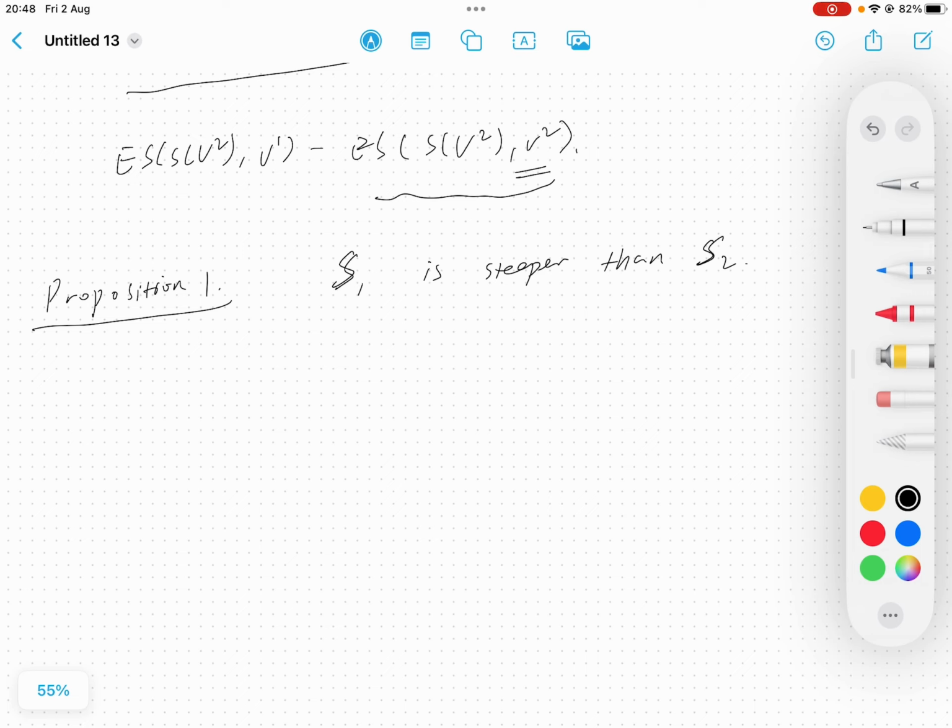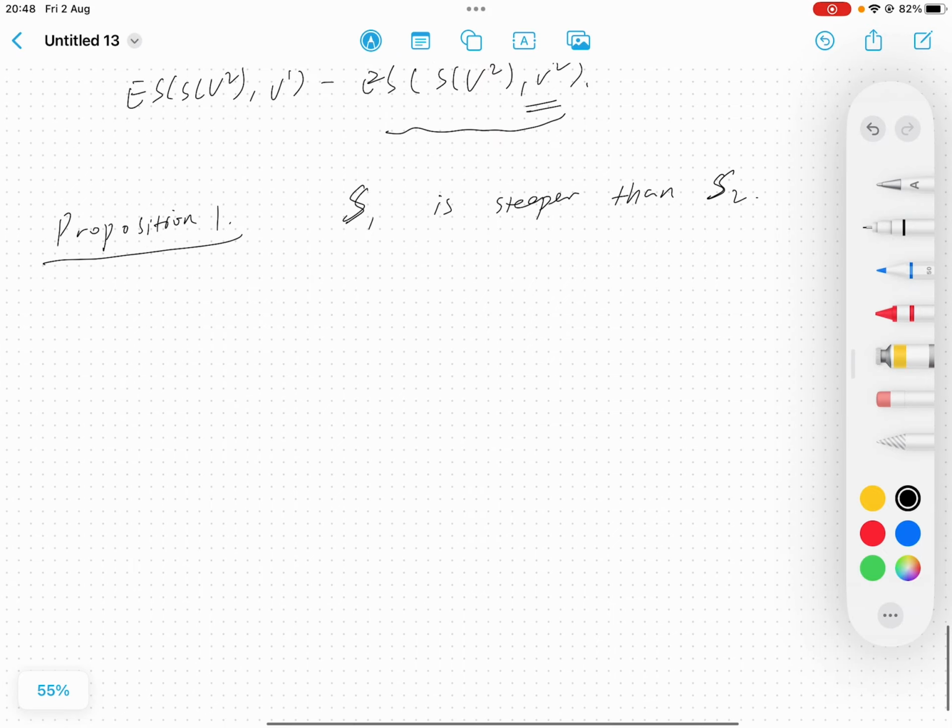Those are two sets, and we have the definition of steeper, that each element strictly crosses the other one from below. Then for either a first or second price auction, we don't bother about the first price auction, we're concentrating on the second price auction, but actually it holds for both.